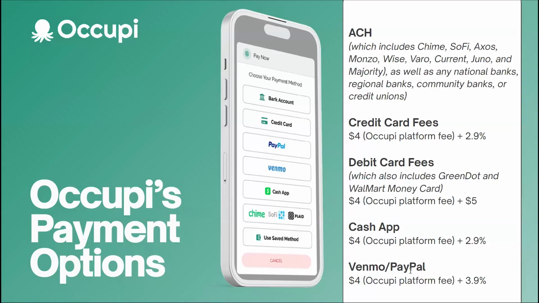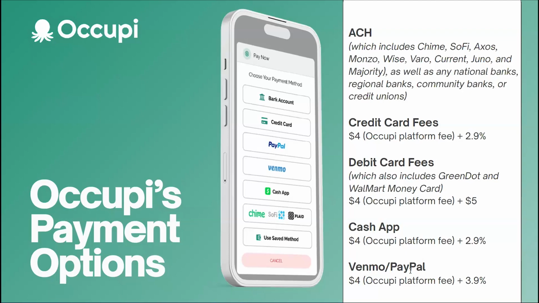We of course process debit cards, any type of debit cards, regulated cards, unregulated cards, business debit cards, Cash App, Venmo, PayPal, SoFi, Chime, Green Dot, Walmart Money Card. We have a partnership with all of those programs just to make residents have the option if they have funds available in those accounts, they can make it work.